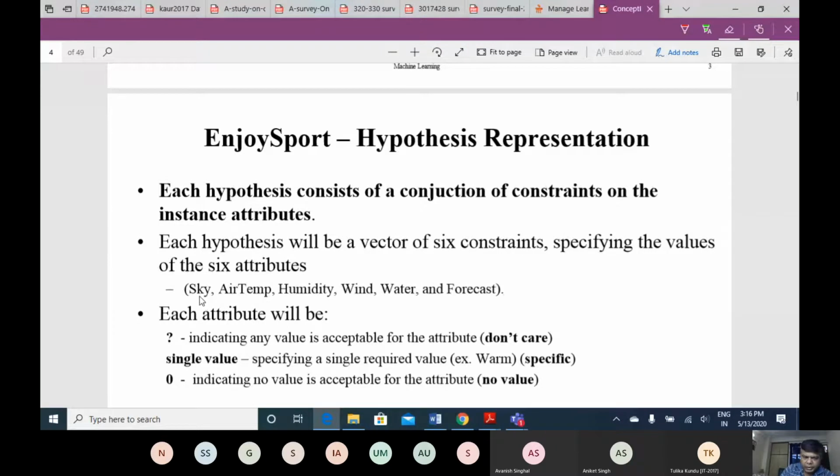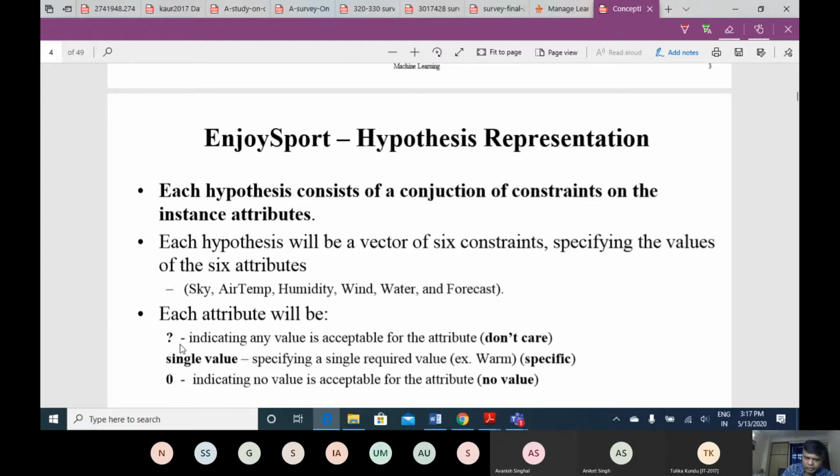At each of these places, we can either provide a value which has been predefined, that is, a possible value of that feature, or a question mark, or a zero. How many places are there? 1, 2, 3, 4, 5, 6 places. At any of these six places, we can either have a specific value corresponding to that feature, or a question mark, or a zero.